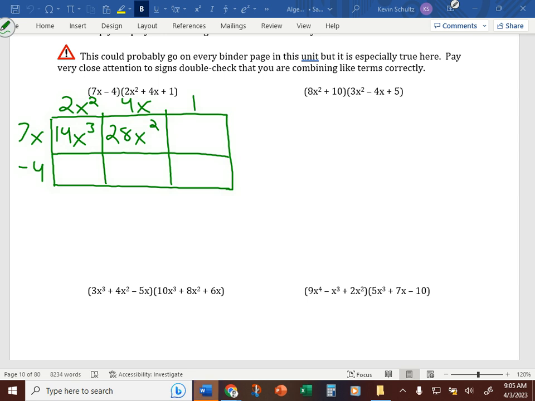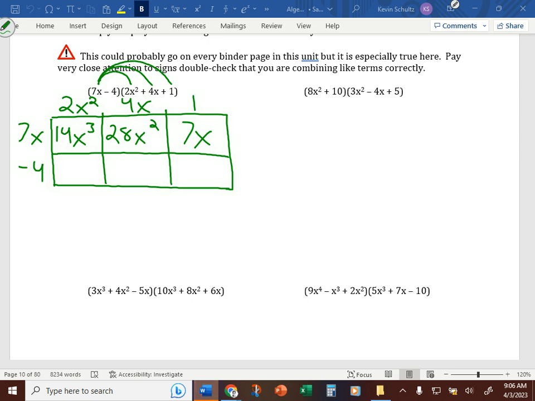And then 7x times 1 is just going to be 7x. Questions on how I got any of those terms going across the top there? I essentially took this 7x and distributed it into every term in the other set, right? But I didn't draw the lines to do it. We did the box method instead. Keeps it nice and orderly and organized.